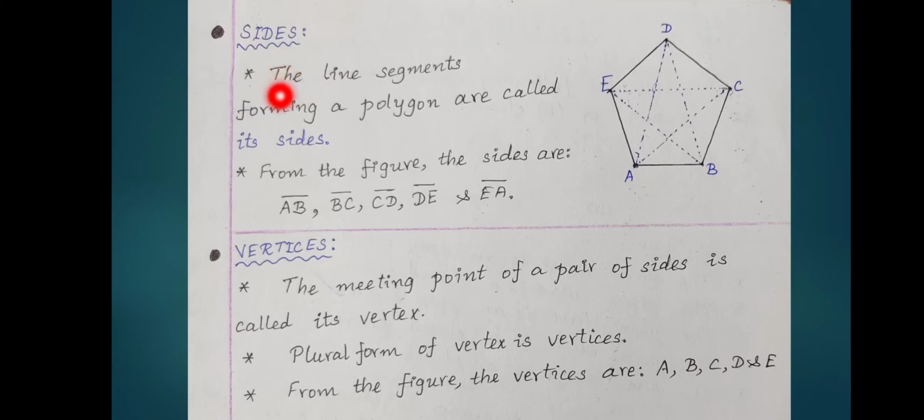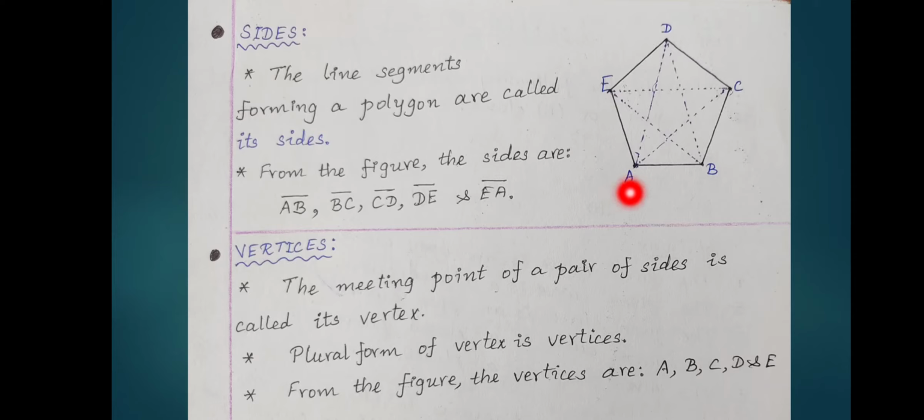Sides of a polygon. The line segments forming a polygon are called its sides. See, we have a polygon here with 1, 2, 3, 4, 5 sides. What are the line segments forming this polygon ABCDE?